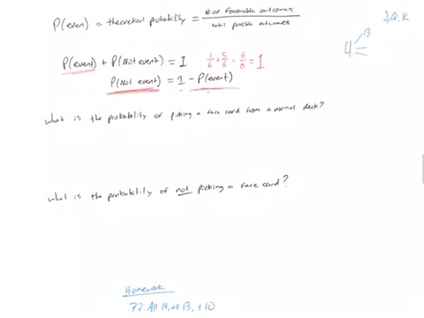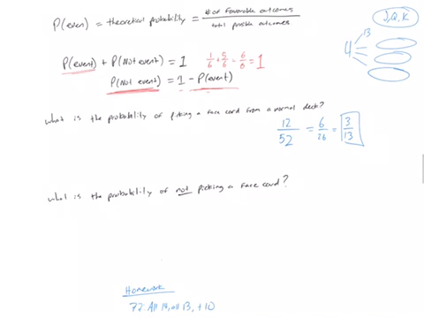So there would be 3 face cards for each suit. So that means there would be 3, 6, 9, 12 face cards. So what's the probability of picking a face card from a normal deck? Well, that would be 12 out of the 52 cards in a deck, which will reduce to 6 over 26, or 3 over 13 would be the probability of picking a face card.